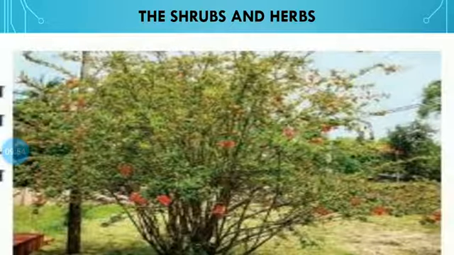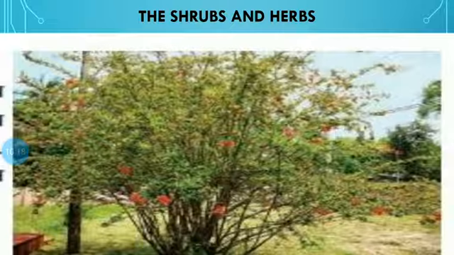The stems of herbs are green and quite flexible as compared to those of trees and bushes. Herbs may live for a few months or up to 2 years. Okay, see, this is the information about the herbs.